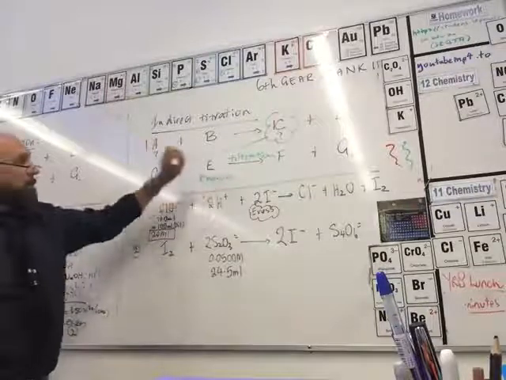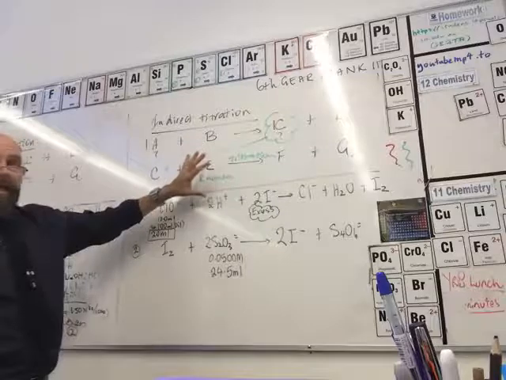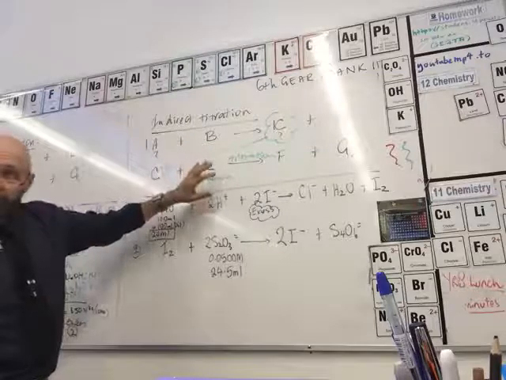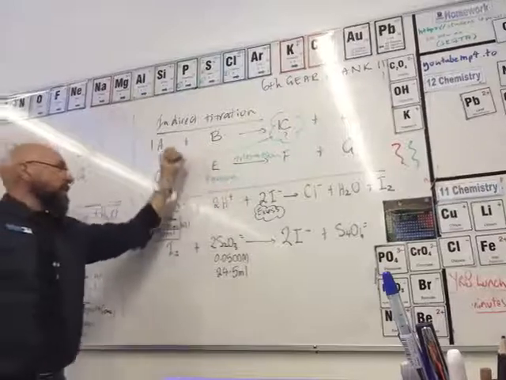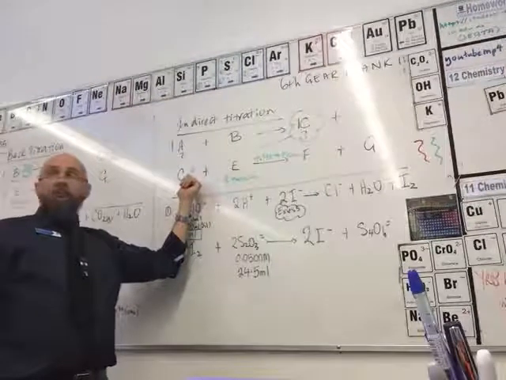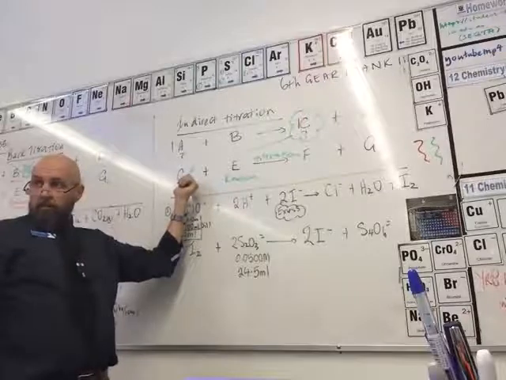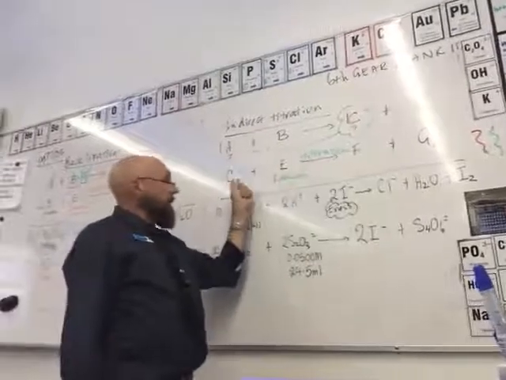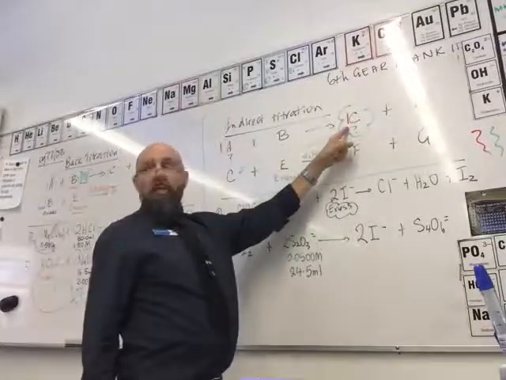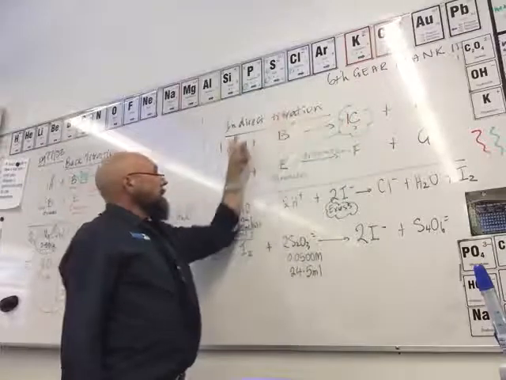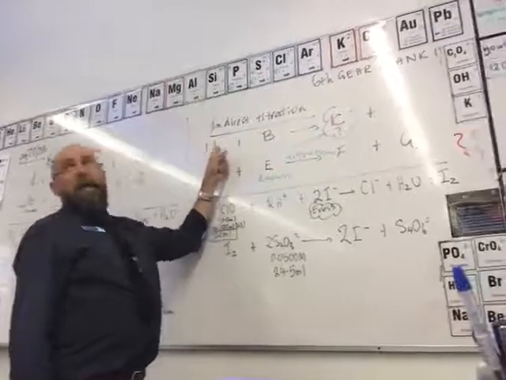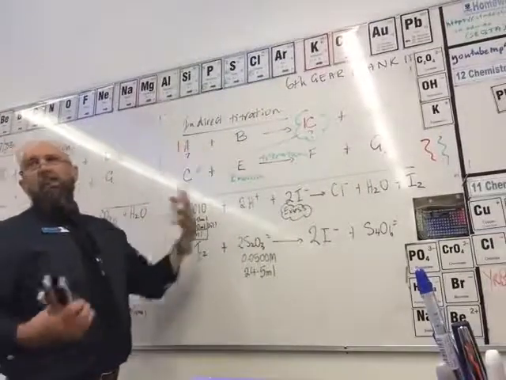If we know the concentration of E and the volume of E, it could be an acid-base titration, we work back and we know the moles of C. The moles of C here are the same as the moles of C there, which are the same as the moles of A. So it's like a back titration.